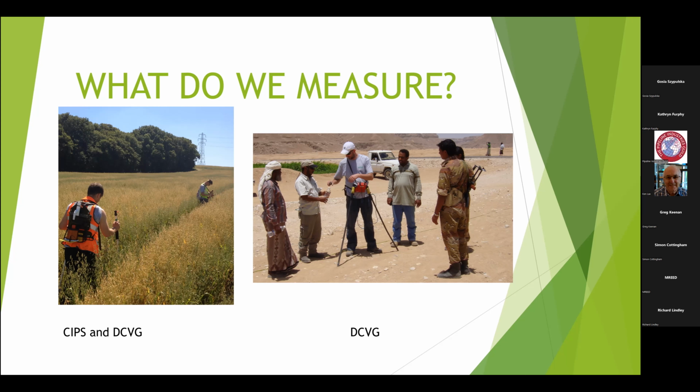And the chap at the front is doing a voltage gradient survey, where he has 2 sticks, like the guy on the right, and he measures the gradient of the voltage going onto the pipe. And these gradients are a bit difficult to explain to non-specialists, but it's a bit like water running down a hill. If you look at a waterfall, that's a very steep gradient.